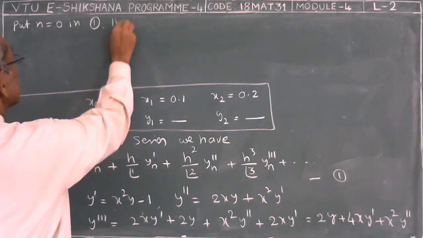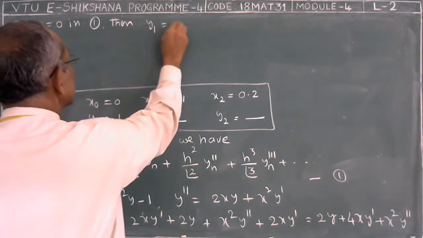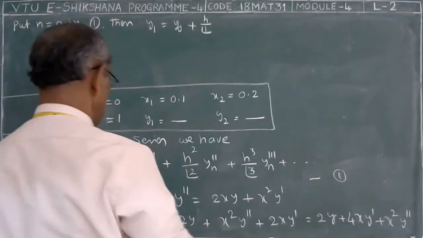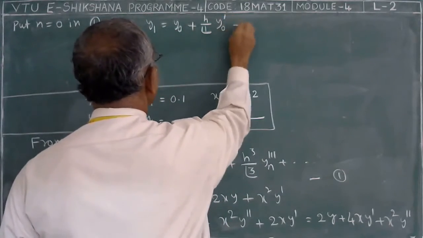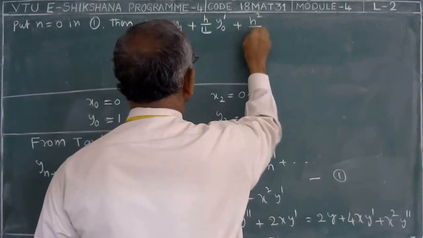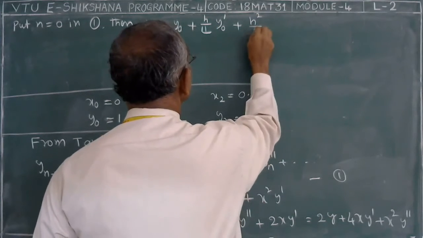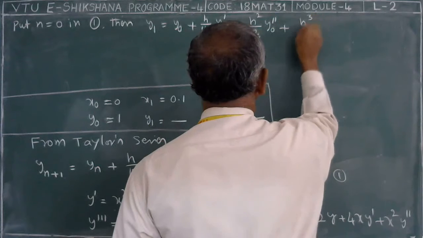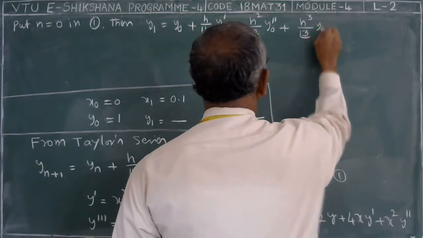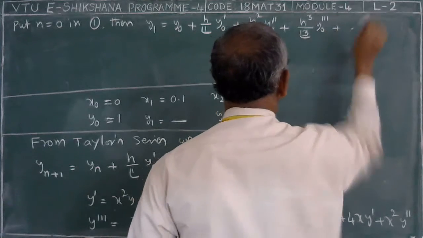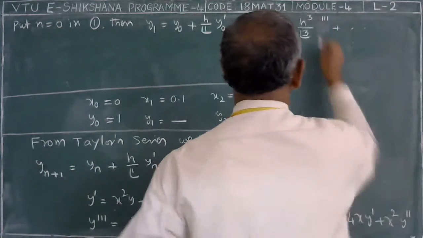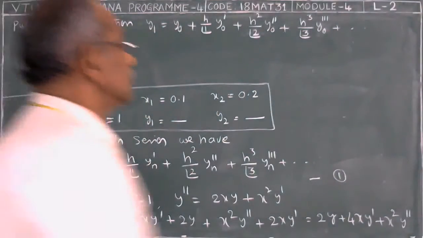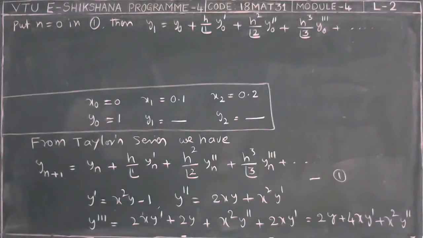Then y1 is equal to y0 plus h divided by factorial 1 into y0 dash plus h squared divided by factorial 2 into y0 double dash plus h cube divided by factorial 3 into y0 triple dash and so on.